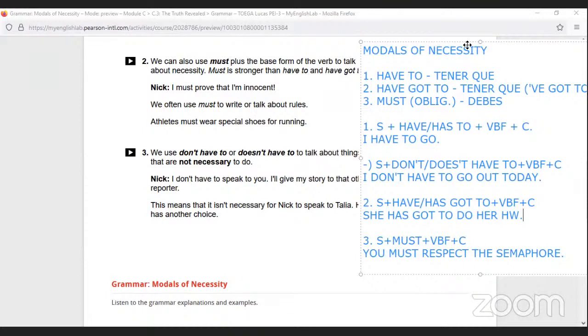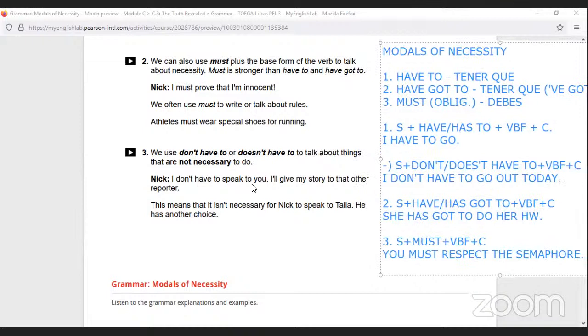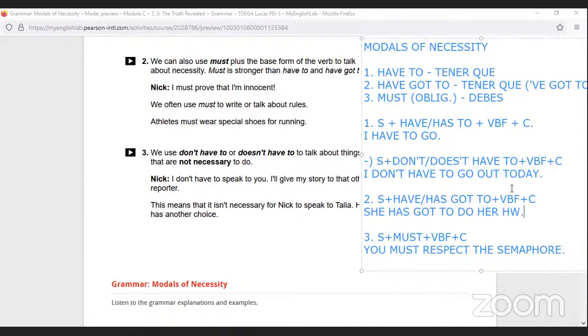For example, it says, I don't have to speak to you. I'll give my story to that other reporter. So it is not necessary for Nick to speak about Talia. Okay, so he has another choice. So this is only if you want, if you don't want, this is only for this, okay?